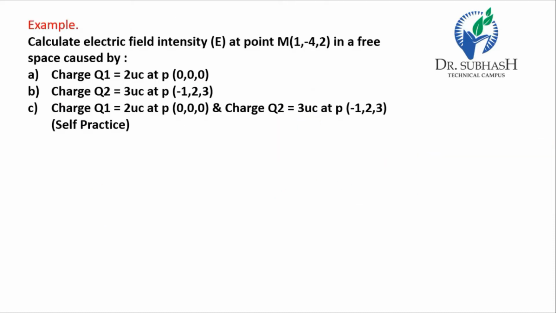Okay, we try to solve one example of electric field intensity. Here we are asked to calculate the electric field intensity E at point M (1, -4, 2). That means we have one charge Q here, and we are required to find the electric field intensity at point M, which is given as 1, -4 and 2, for three different cases.